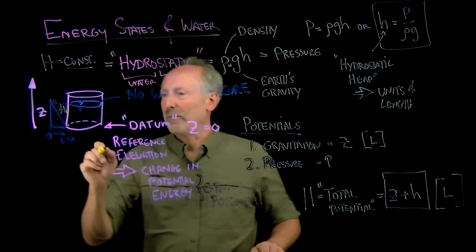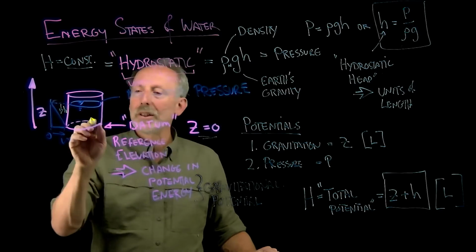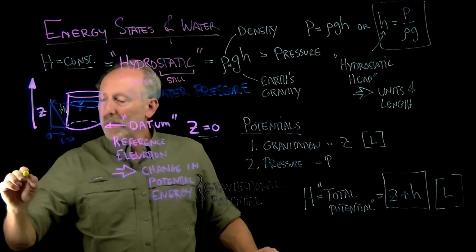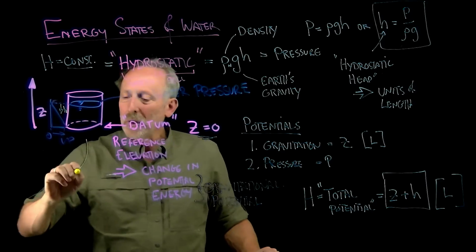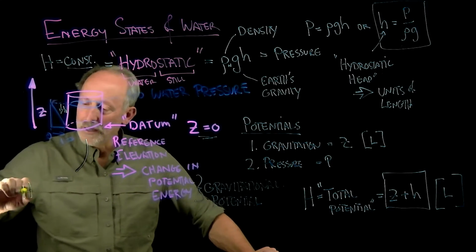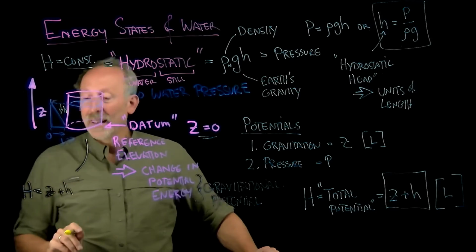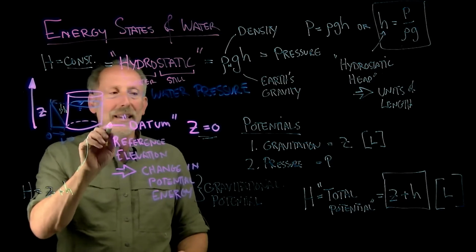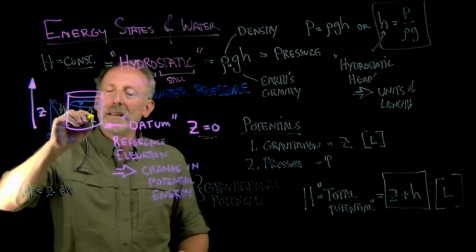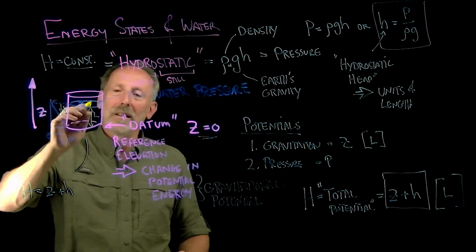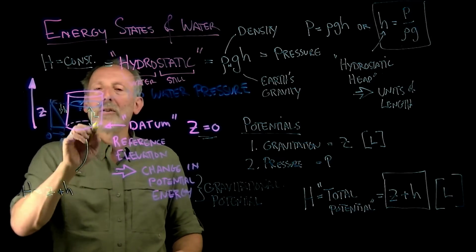Then immediately we can see, because we've decided that Z is equal to 0 here, that anywhere in this glass of water the total potential H equals Z plus little h. And if we've assigned this to be 0 here, and this has a height of, let's say, L, at the top, what's the value of Z?